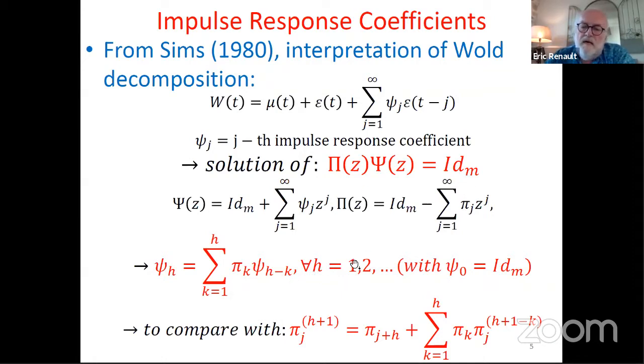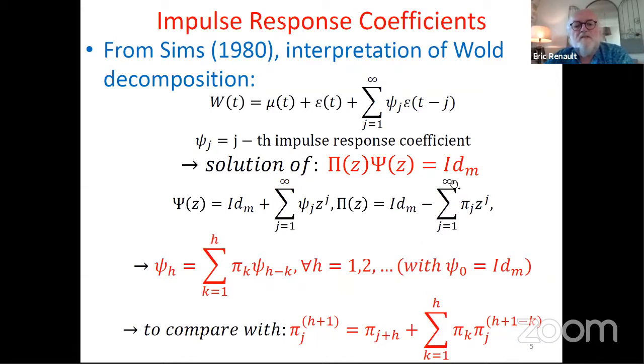Okay. And something interesting to realize is that this recursion, which is of course just algebra on this equation, is tightly related to the recursion I have written a minute ago on the autoregressive parameters at different horizons.